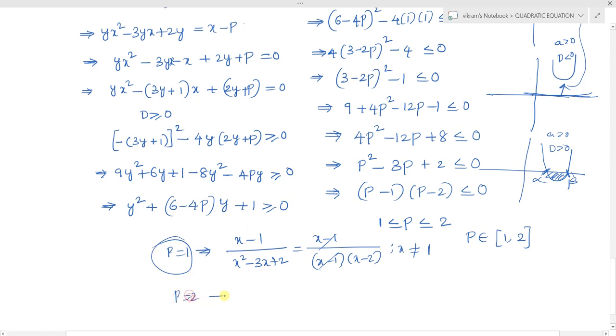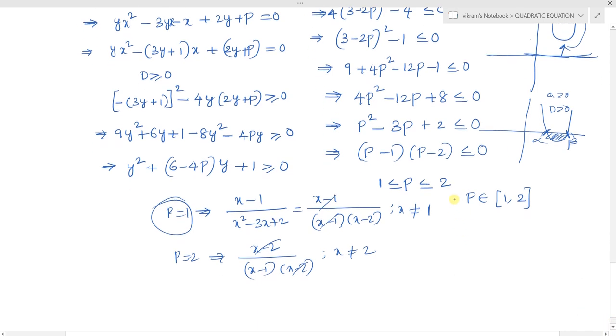Similarly, if p is equal to 2, we get the expression (x minus 2) by (x minus 1) into (x minus 2). Again x is not equal to 2, because x minus 2 is a common factor. So finally, even though we are getting 1 less than or equal to p less than or equal to 2, for p equal to 1 and for p equal to 2 the given expression is not defined.